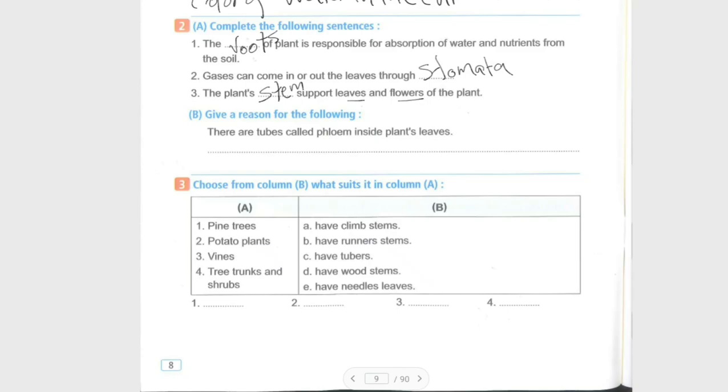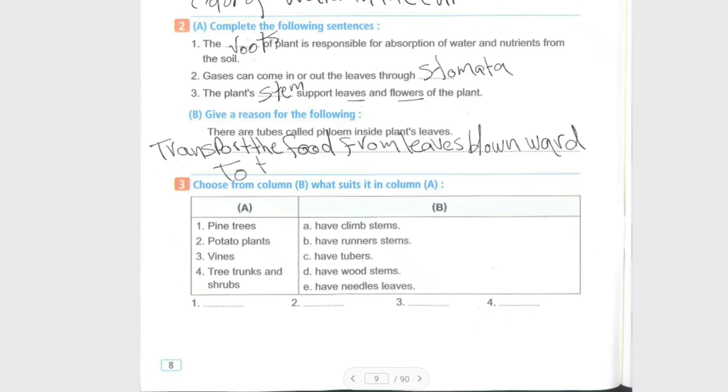What do they do? They transport the food from leaves downward to the other parts of the plant. They carry the food made in the leaves down to the roots or the other parts of the plant.